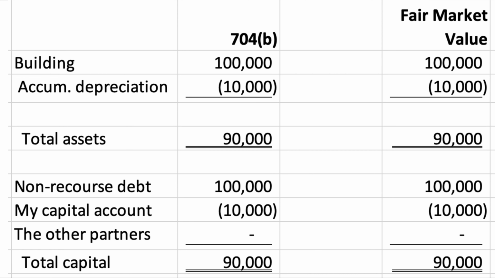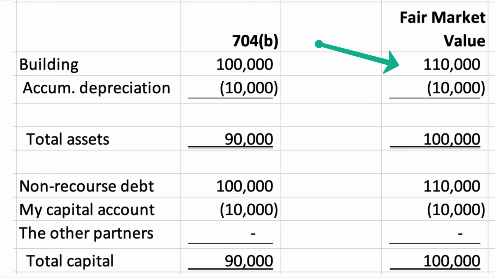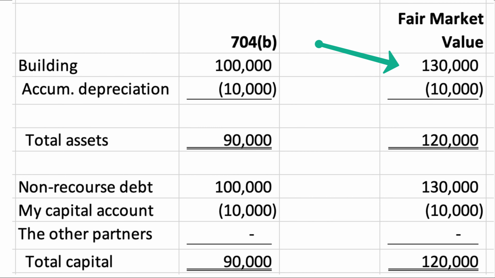Another thing to point out is that the 704B balance sheet is not exactly identical to a fair market value balance sheet. They start out the same, as shown here, but actual fair market value changes by the minute. The building fair market value could rise to $110,000, and then to $120,000, and then to $130,000. And the 704B balance sheet remains the same.